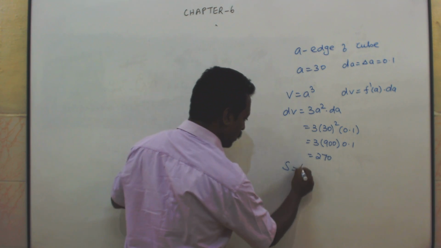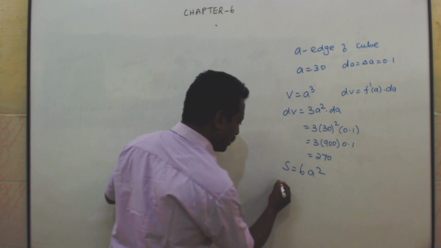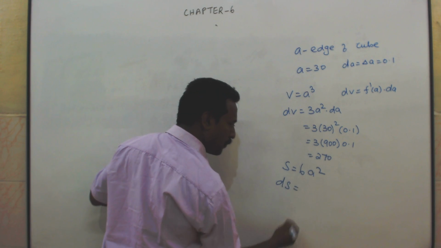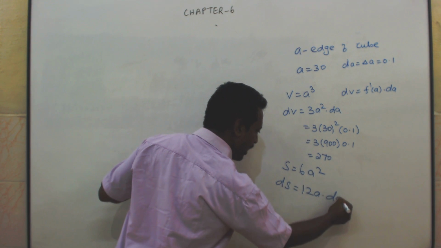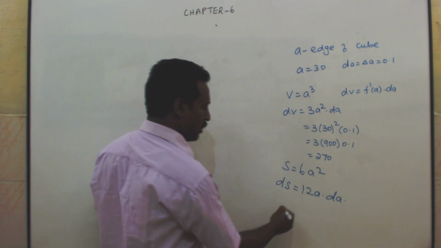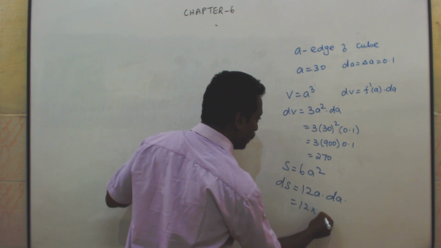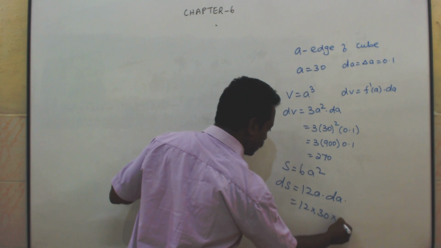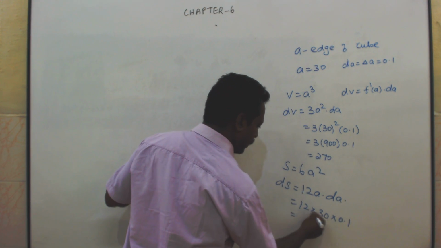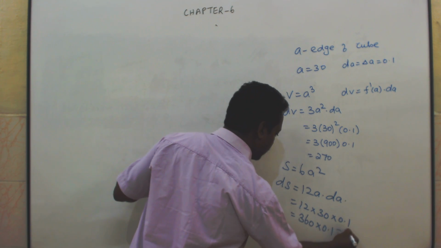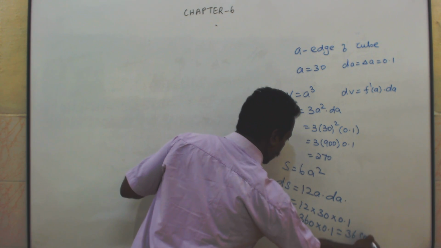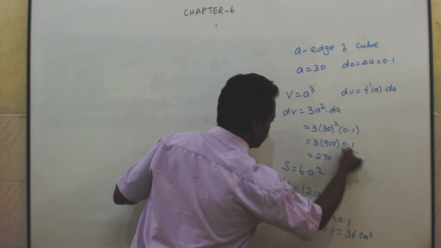That is why 6A square. Once again dS is 12A, differentiation of A is dA. Now substitute 12 into A is 30 into 0.1, 3 12s are 36, 360 into 0.1, that is 36 centimeter square, this is centimeter cube.